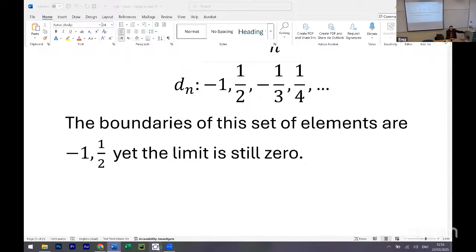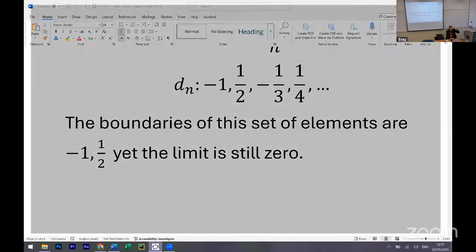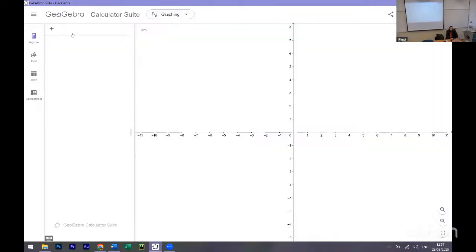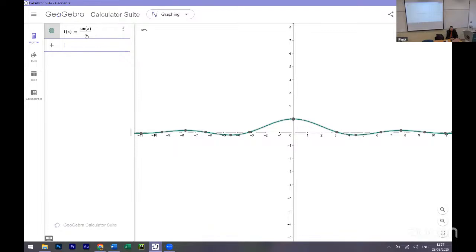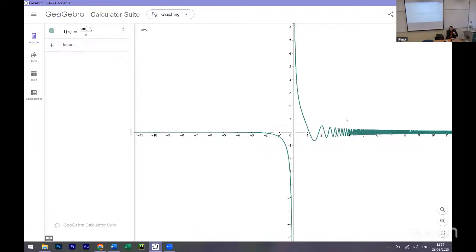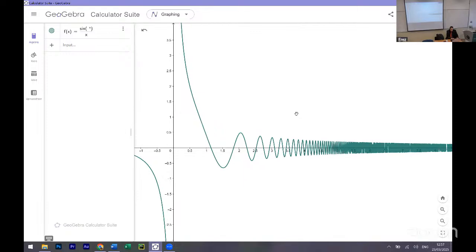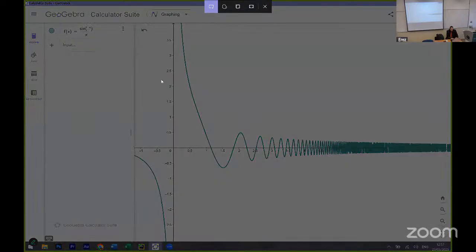And I wish to remind you of the graph. I have already shown you such a graph, but I'll do it again. Look at sine of x over x, or in order to be nicer, sine of e to the x over x. Look at this beautiful graph of the function.